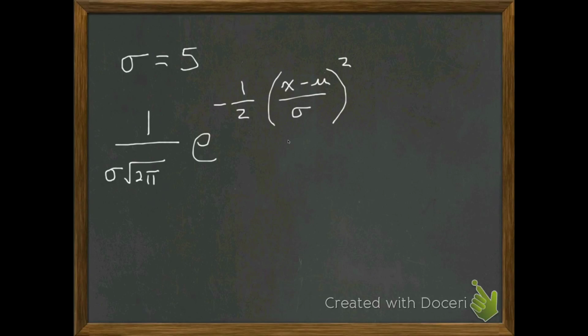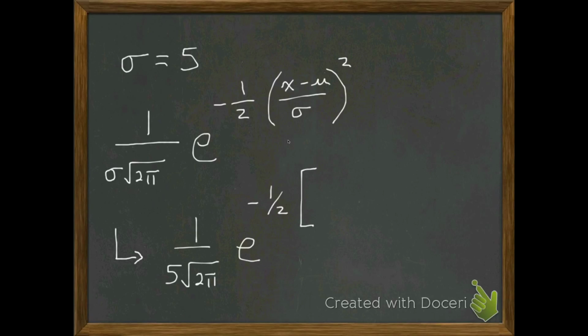And if we look at a specific case where the variance is 25, then we get 1 over 5 square root of 2 pi, e to the minus 1/2 (x minus mu) quantity squared over 25.